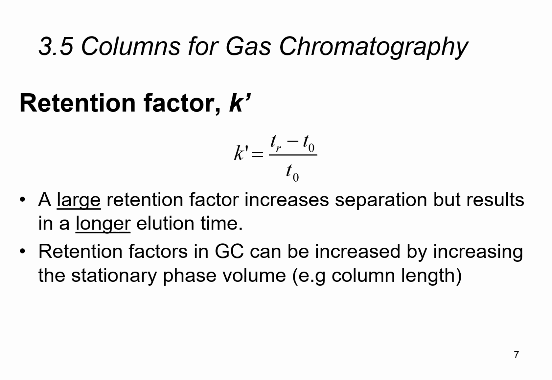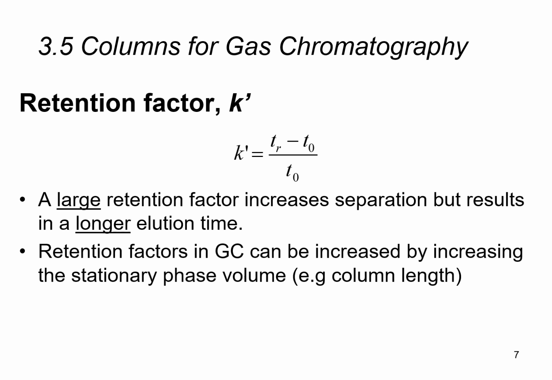So the first factor that evaluates column suitability is the retention factor. The retention factor quite simply tells us for a particular chemical component, is it very highly retained, which means that it interacts with the column a lot, or is it not that highly retained, so it interacts with the column just a little bit.